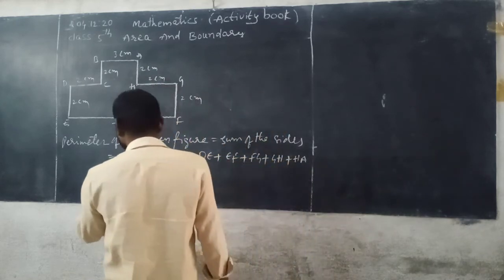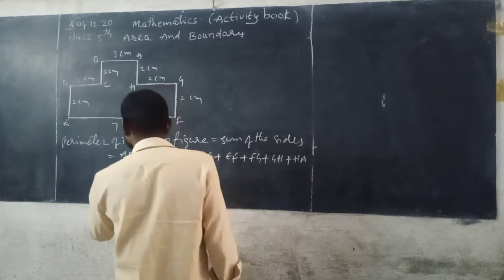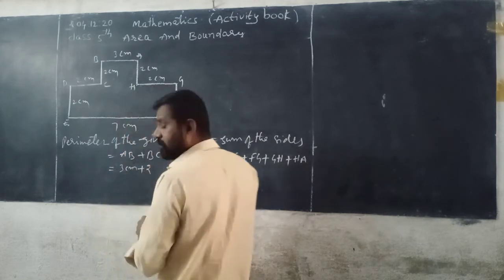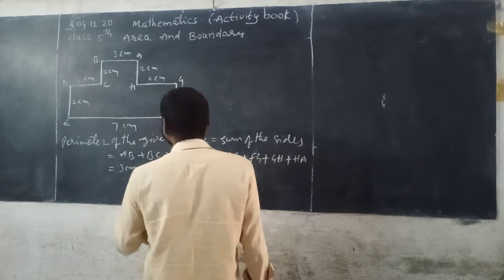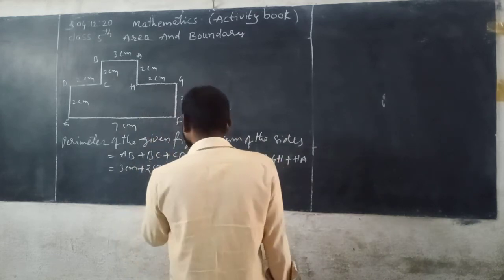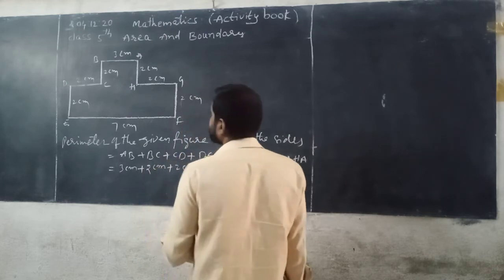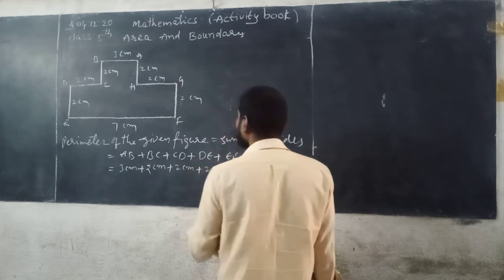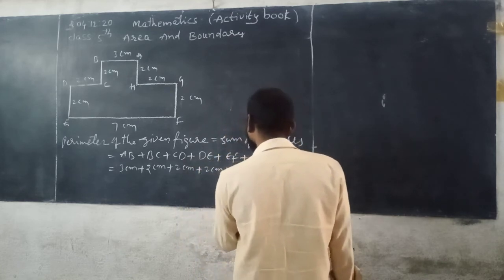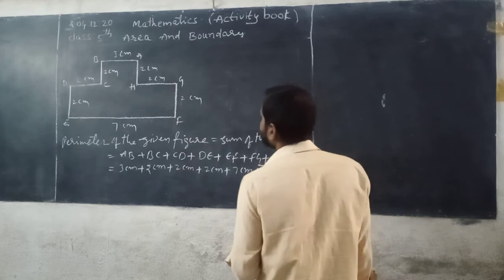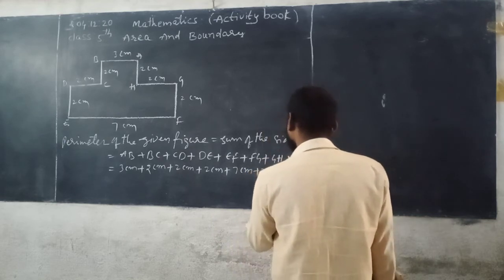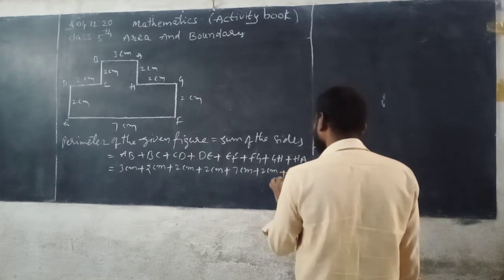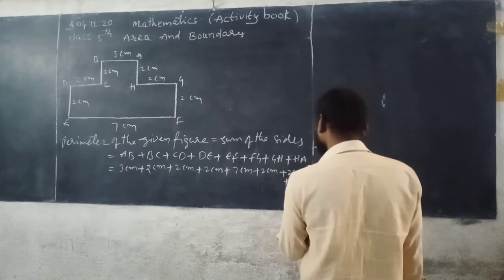See, now write down. Substitute the values. AB is equal to 3 centimeter, BC is equal to 2 centimeter, CD is equal to 2 centimeter, DE is equal to 2 centimeter, plus EF is equal to 7 centimeter, plus FG is equal to 2 centimeter, GH is equal to 2 centimeter, plus HA is equal to 2 centimeter.